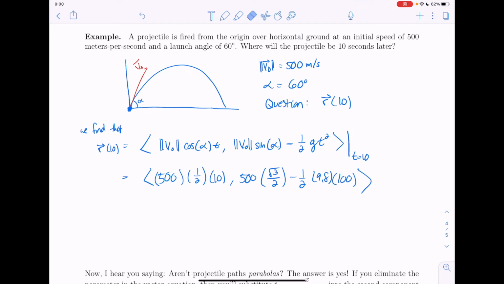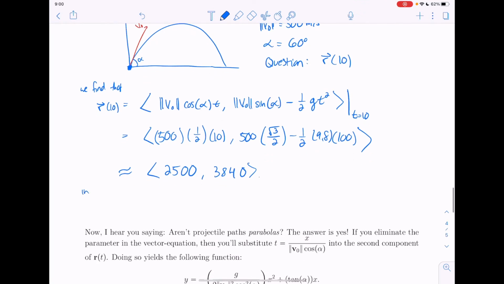And then if you go ahead and compute these further, you can verify that you're going to get the vector whose horizontal component is about 2500. Obviously, this is going to be an approximation because of all these decimals that we have here. So 2500, 3840.